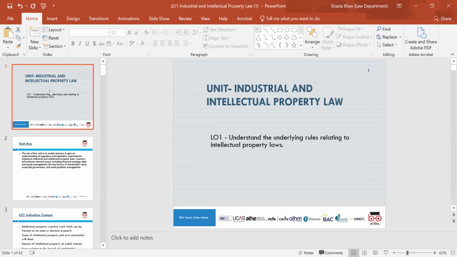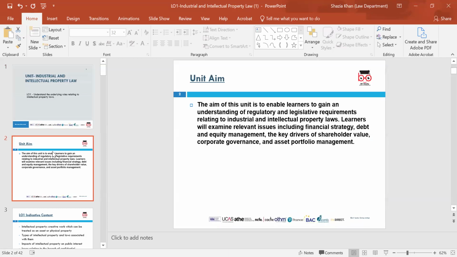If someone has come up with a new invention, it's so important that the individual understands intellectual property rights, because it may be that someone may steal that invention.